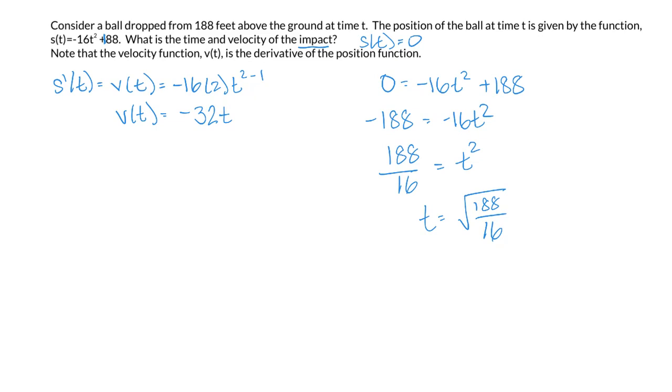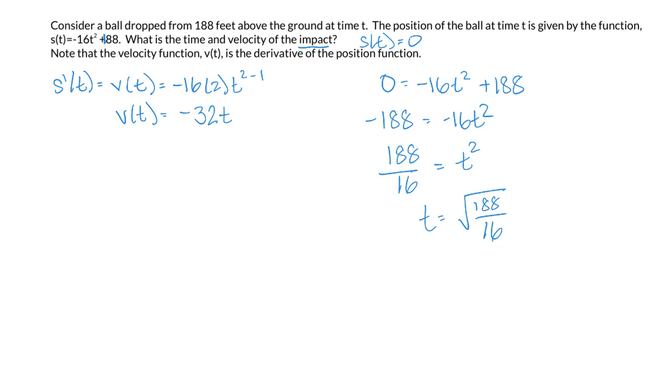So usually when we take the square root of both sides, you'd have plus and minus. However, in this situation, we don't want the negative, right? Because we're not going to go below the ground. Time cannot be negative. We can't go back in time to know when we're at ground level. So we're just going to take the positive value.